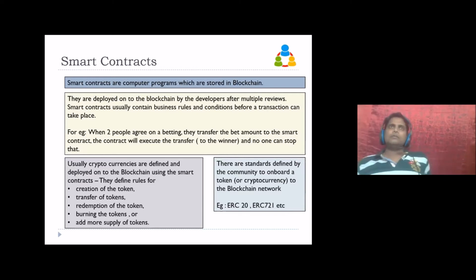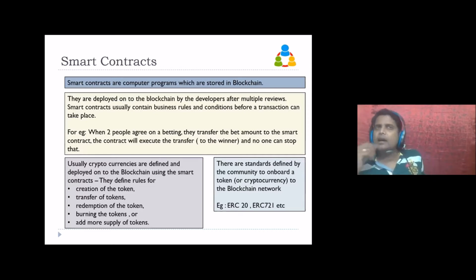There are various blockchain use cases which make use of these smart contracts. You can write as many programs as you like, deploy them onto the blockchain, and then build several use cases.